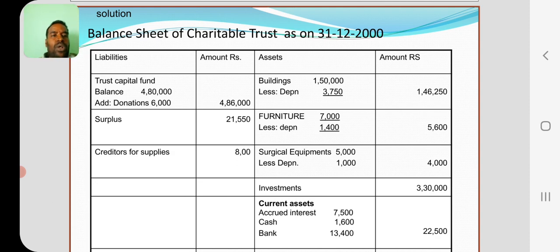Okay, so coming to the asset side, we have to post fixed assets and current assets here.